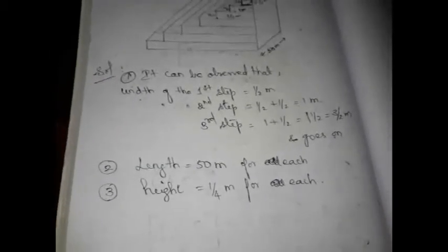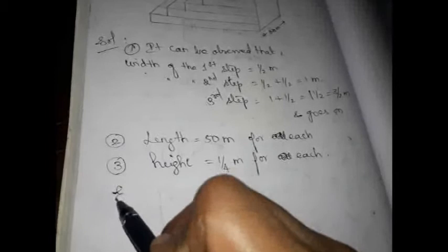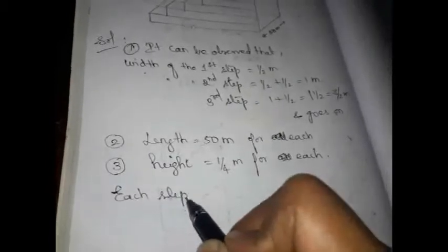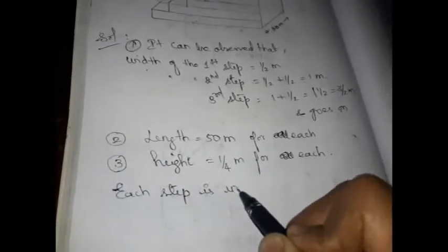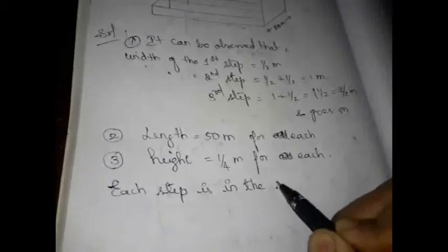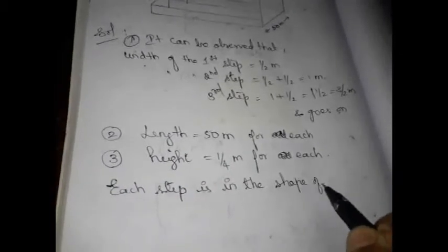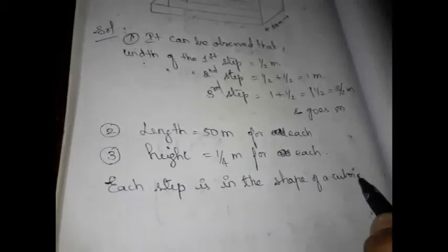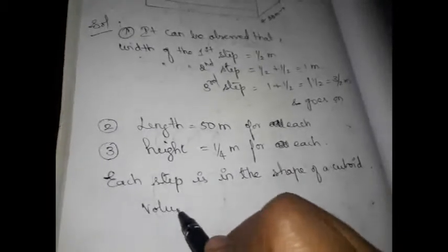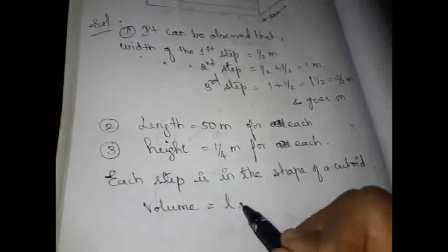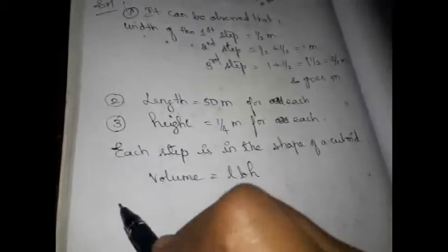Yes. Now let us move on to finding the volume. Now we have analyzed what happens to the breadth, length and the height. Now each step is in the shape of a cuboid. So the volume of a cuboid is LBH, right.